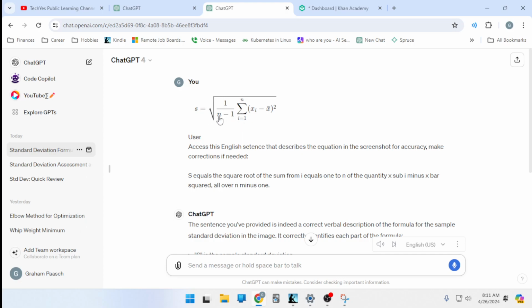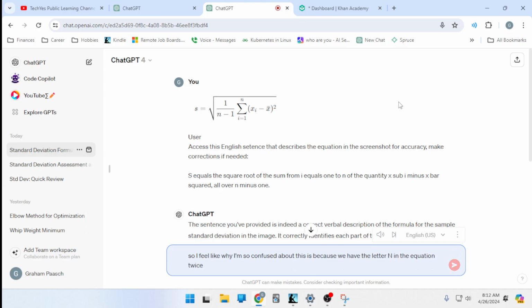Are these representing the same n's? I feel like why I'm so confused about this is because we have the letter n in the equation twice, and I feel like they're not representing the same thing when they're used.